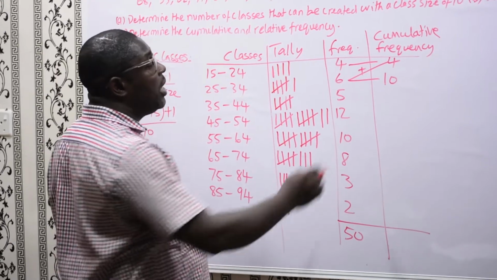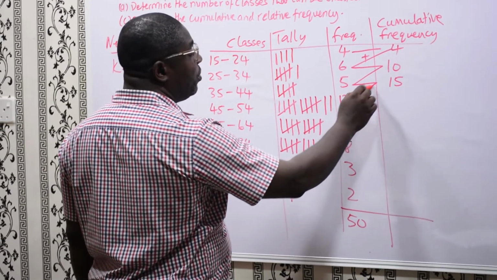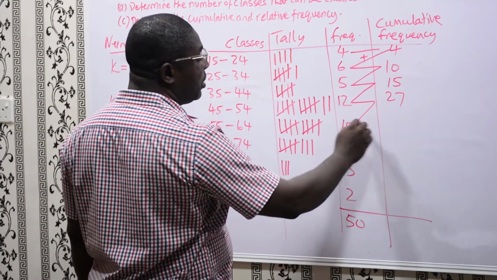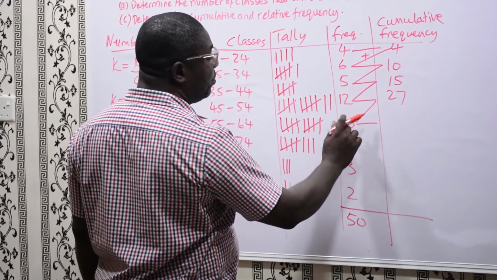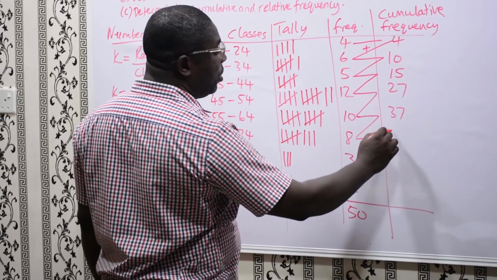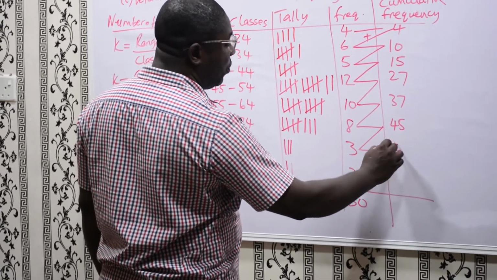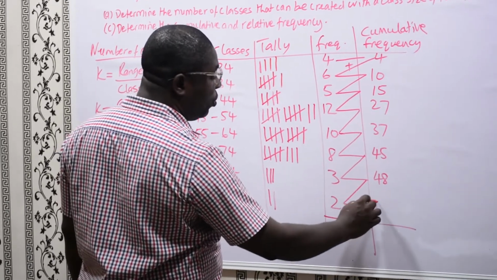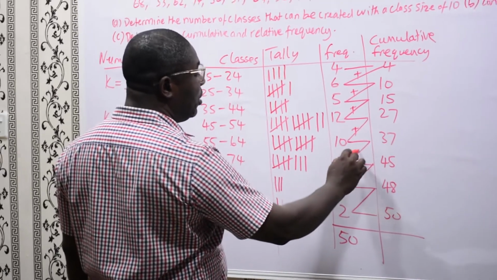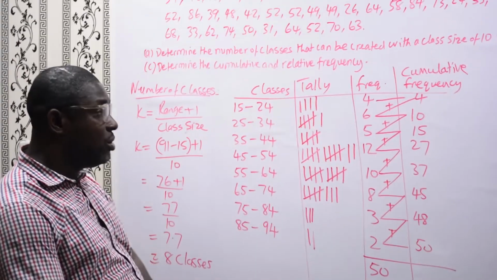Then 10 plus 5 is 15. 15 plus 12 gives us 27. 27 plus 10 will give us 37. 37 plus 8 will give us 45. 45 plus 3 will give us 48. 48 plus 2 will give us 50. So remember, we're adding each of these to get the cumulative frequency. That's how to calculate cumulative frequency.